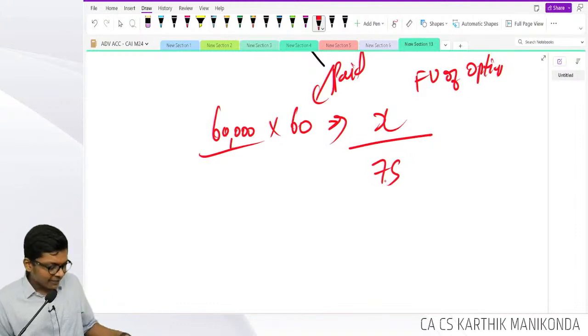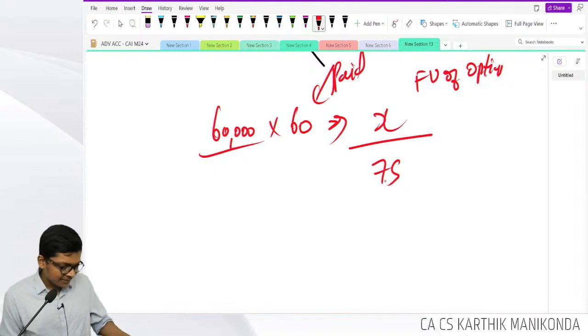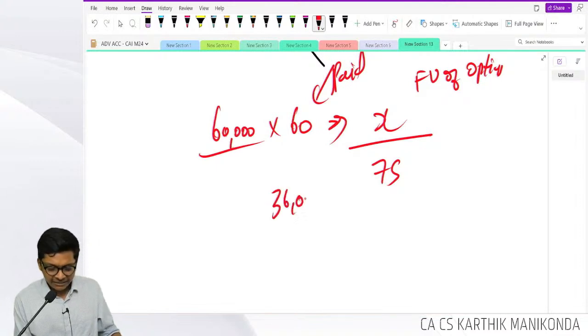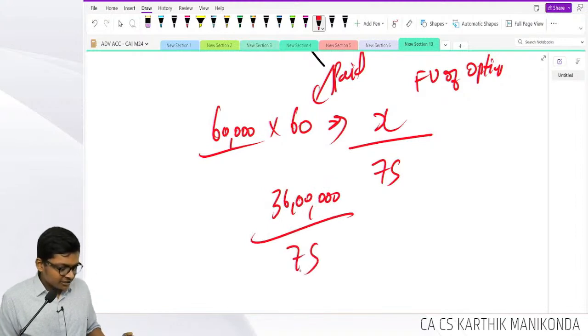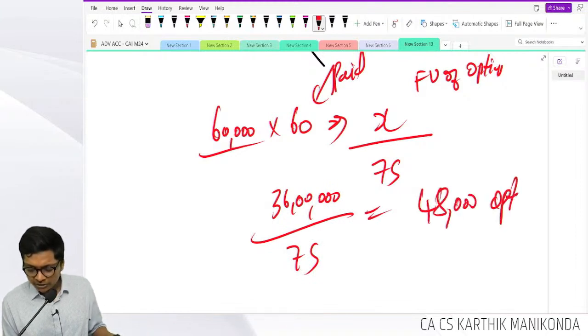So now if you divide 60,000 into 60 by 75, 60,000 into 60 will be 36 lakhs, which is the money I am receiving. But if this money paid by the public is divided by 75, you will get 48,000 options.